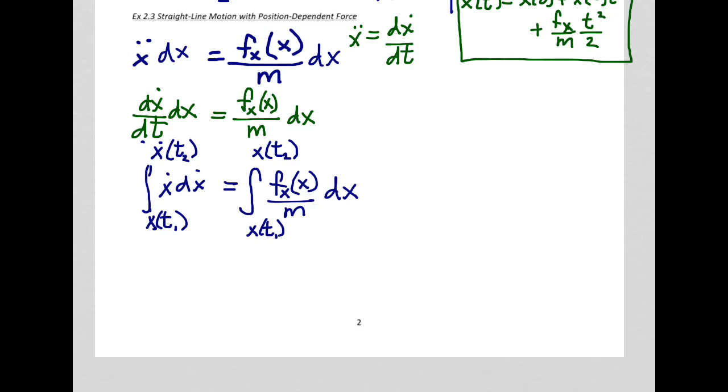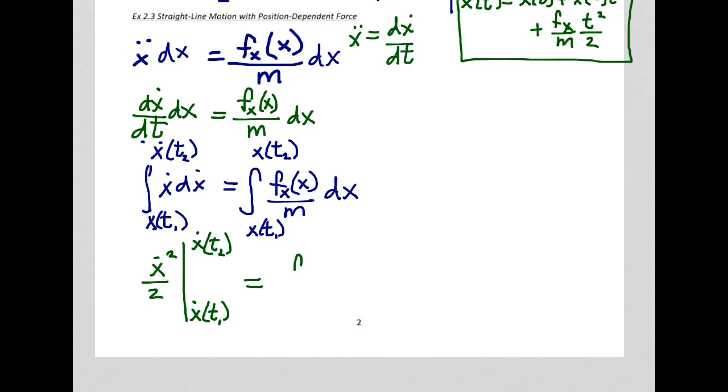And so we've got the right form to integrate, we've got the right boundary conditions, and so now we simply integrate. To integrate the left-hand side, it's x dot squared divided by 2, using the fundamental theorem of calculus. We're going to apply these boundary conditions, x dot at time 1 to x dot at time 2. And to integrate the right-hand side, we actually just have to leave that one alone because this function is a general function and it's currently undefined.